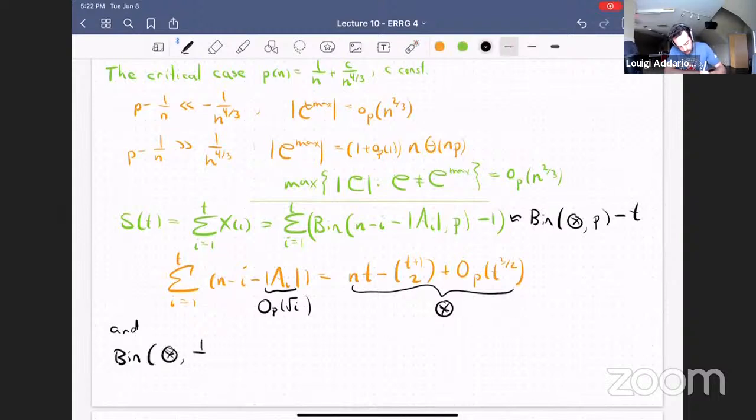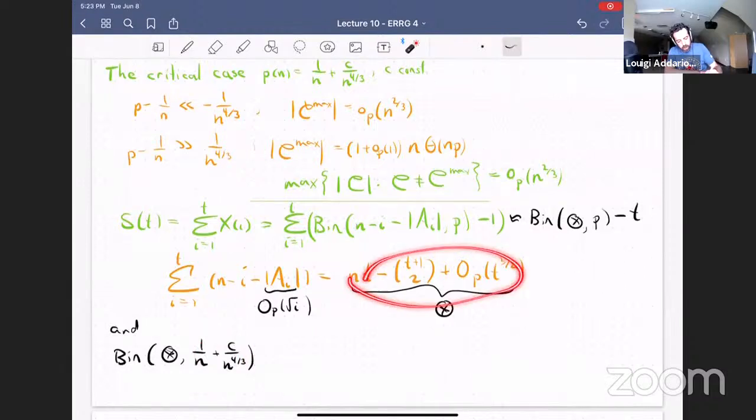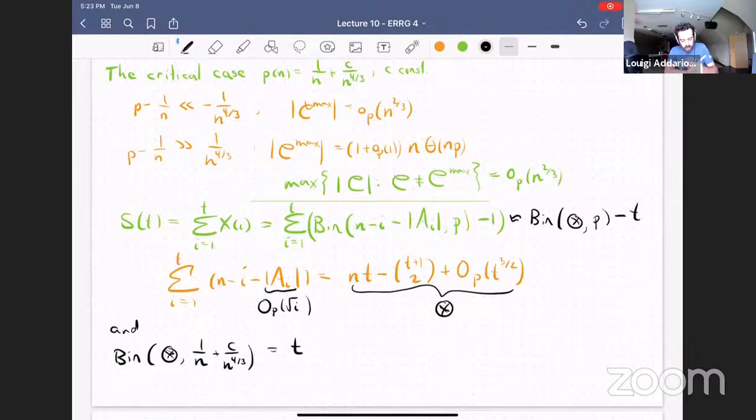Remember, we're looking at the case p is 1 over n plus c over n to the 4/3. I want to think about both the dominant terms and the fluctuations of that binomial. Just by multiplying out this probability by this parameter, we'll get a t term from the nt times 1 over n, and then a ct over n to the 3rd.